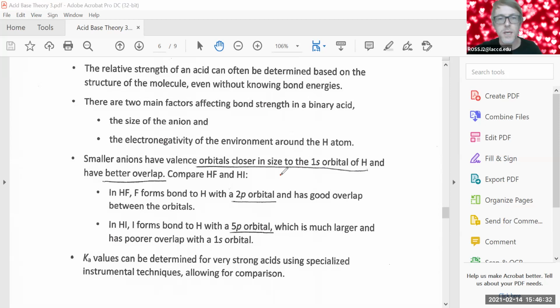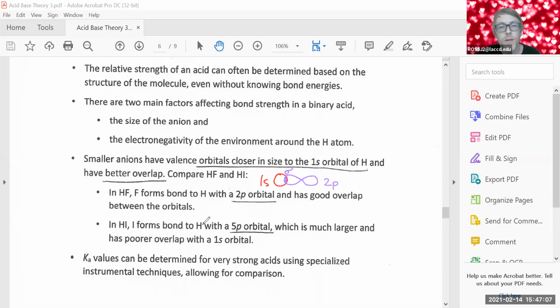So let's say this is the 1s orbital of hydrogen, and then let's say that's the 2p orbital of fluorine, and here's the little overlap here. This is the sigma bond.